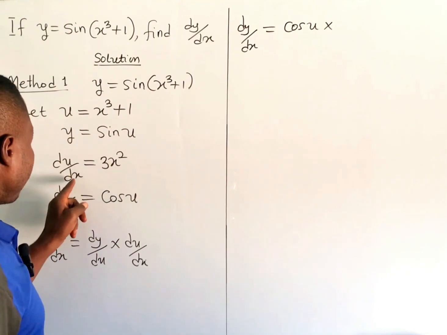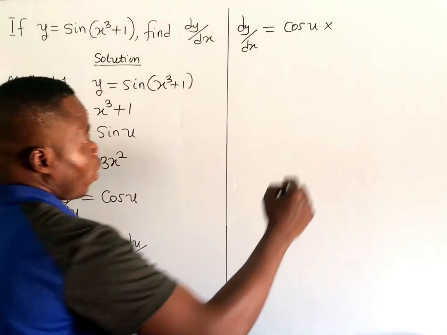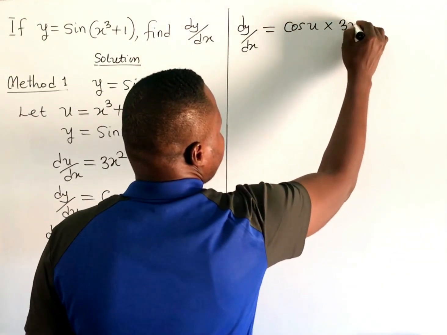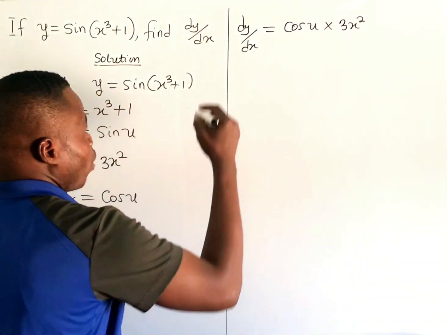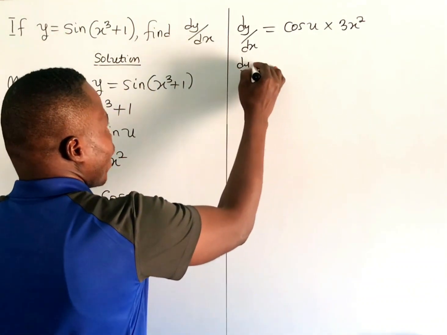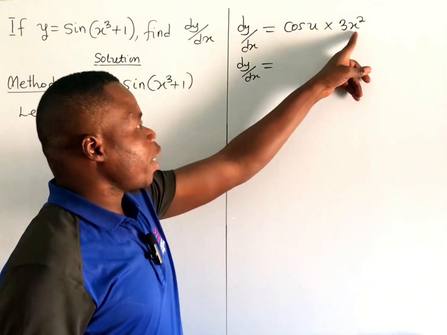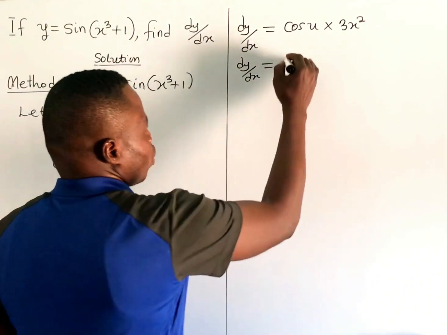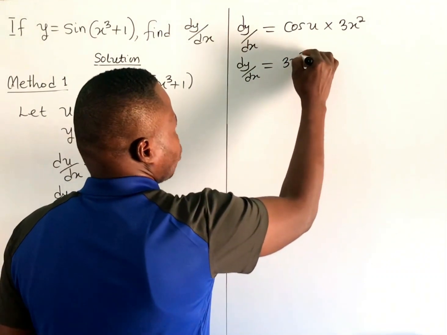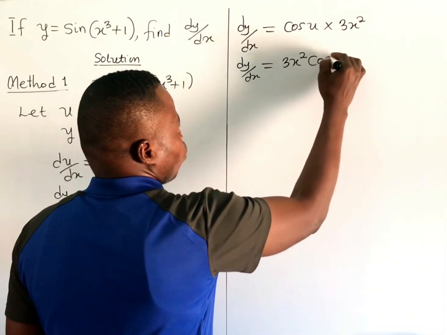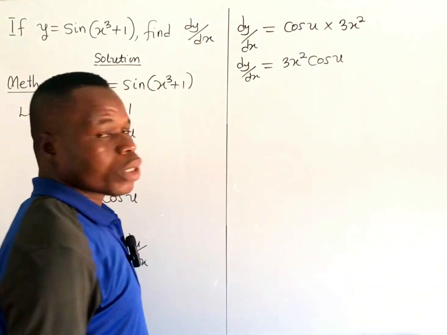Du dx is equal to 3x squared. Then I'll say times 3x squared. To continue, I'll have dy dx to be equal to 3x squared times cos u. Then I'll have 3x squared cos u.